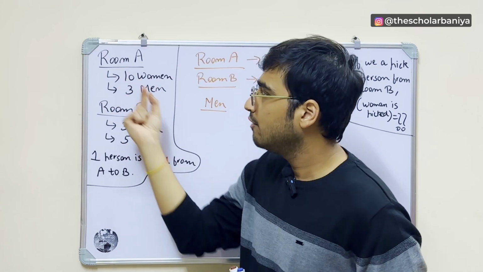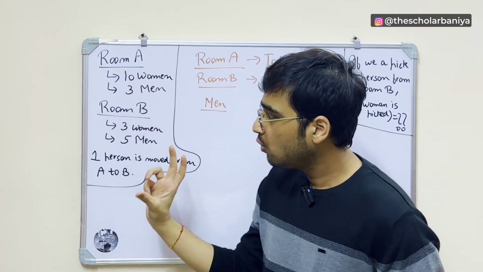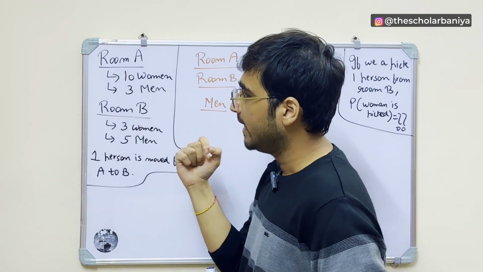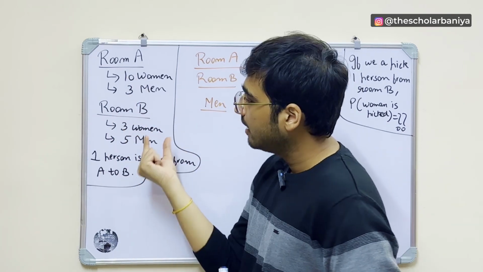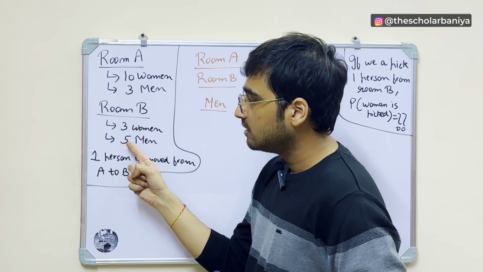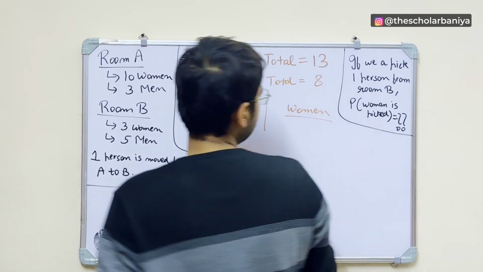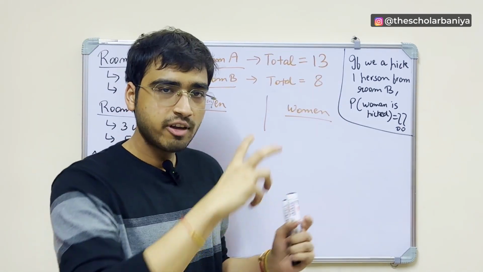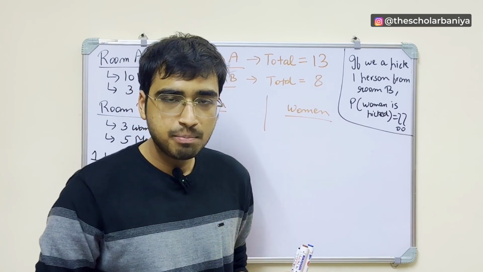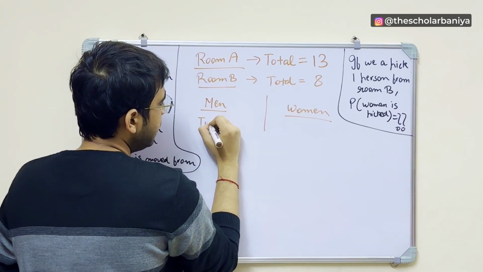If we pick a man from room A and put him to room B, how will the numbers change? Earlier there were 8 people in room B, 5 plus 3, but now because we have put one more person in room B, there will be 9 people.